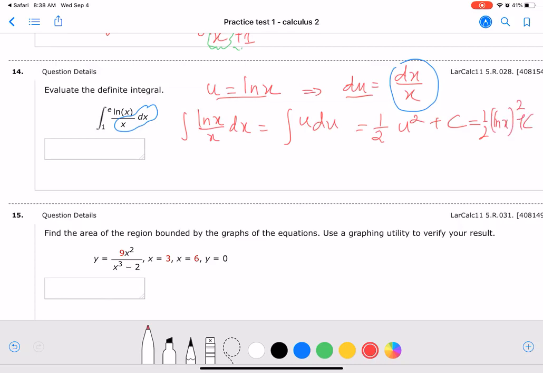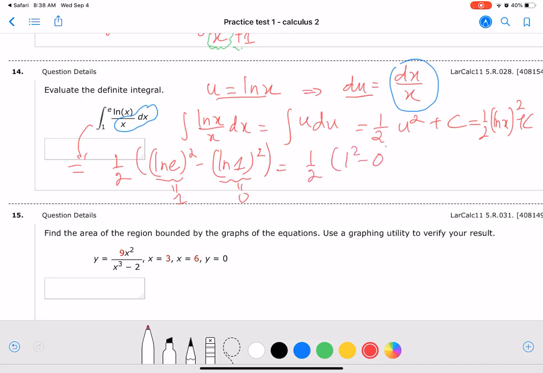And now I just need to plug 1 and e into this formula. And I get the integral is equal to 1/2 times ln of e squared minus ln of 1 squared. Ln of e is just 1. Ln of 1 is 0. So you have 1/2 times 1 squared minus 0 squared, which is 1/2.